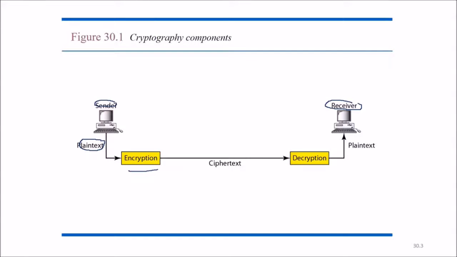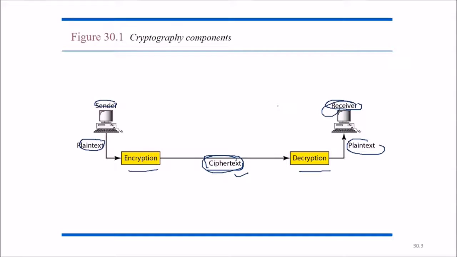So first, plain text is sent by the sender, and after encryption, this plain text is now known as ciphertext. Then decryption is applied on this ciphertext, and the plain text is retrieved from the ciphertext.